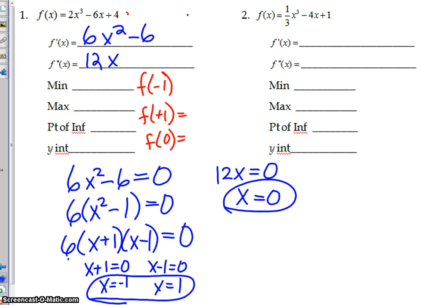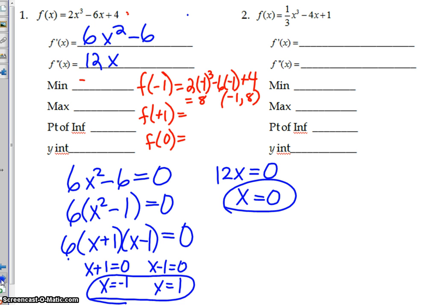Okay, we could do that. f of negative 1 is 2 times negative 1 to the third minus 6 times negative 1 plus 4. Okay? So here I'd have 2 times the negative 1 is negative 2, and this would be plus 6, so we're at 4, plus 4 would be 8. So here we have the point negative 1, 8.